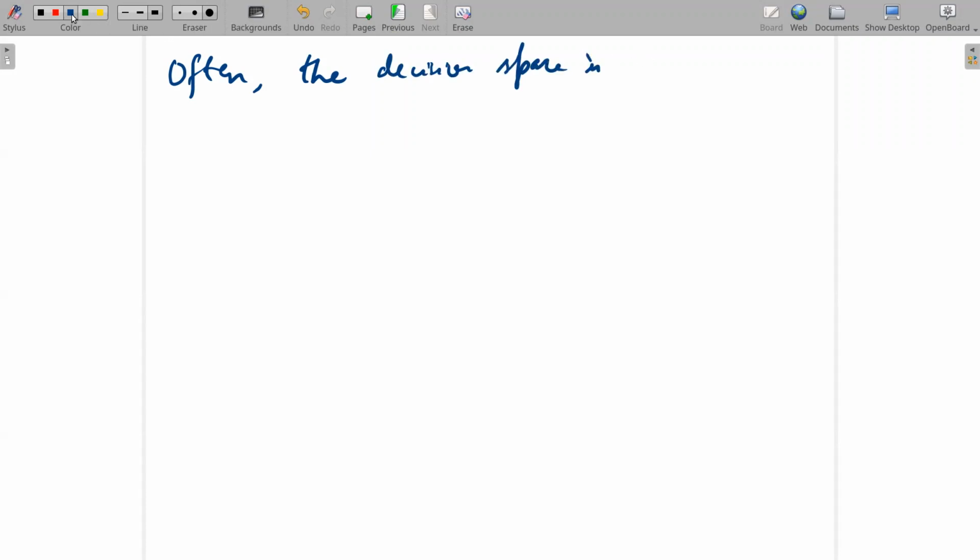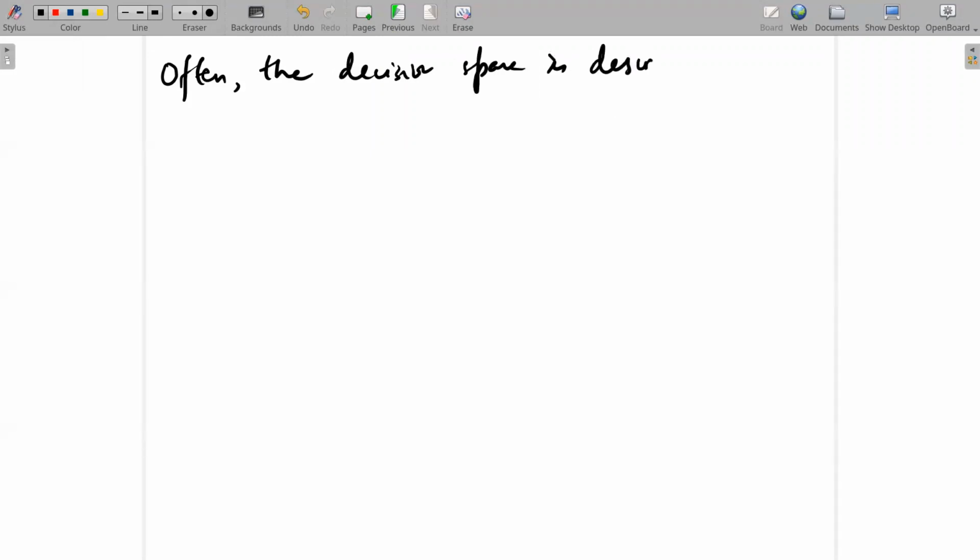Perhaps I'll change my color here. So often the decision space is described using constraint functions.